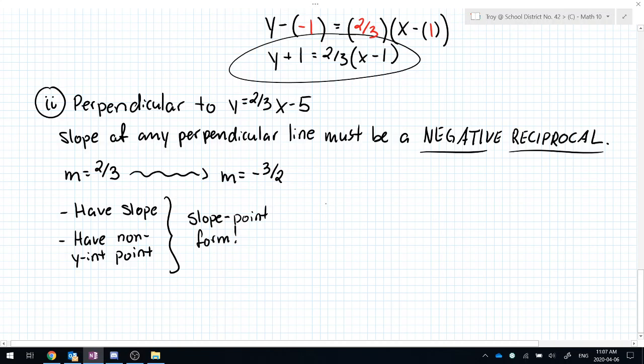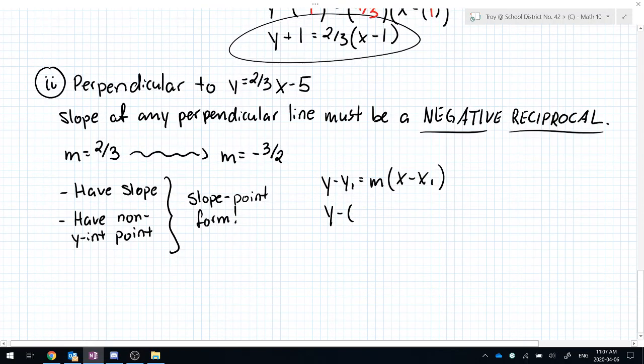Okay, so again, y minus y1 equals m times x minus x1. So our y1 is the y coordinate of point r that it must go through, which was 1, -1.